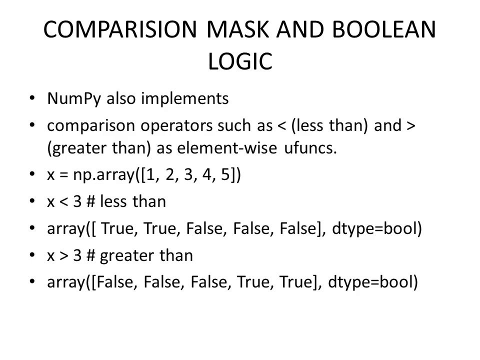First, we get the array x equal to np.array of 1 2 3 4 5. So what is x less than 3? 1 is less than 3, so we give true. 2 is less than 3, so we give true. 3 less than 3 will be false, and 4 is more than 3, so it's false.